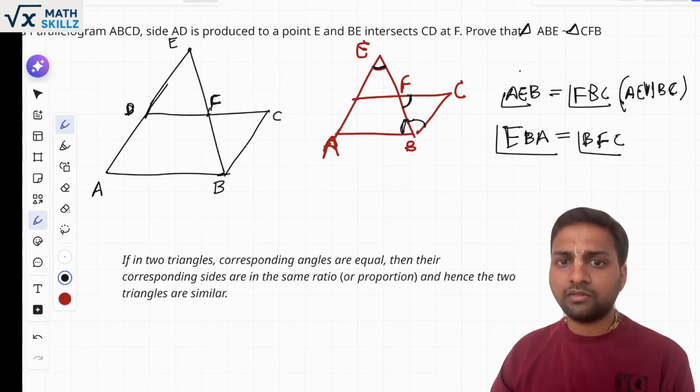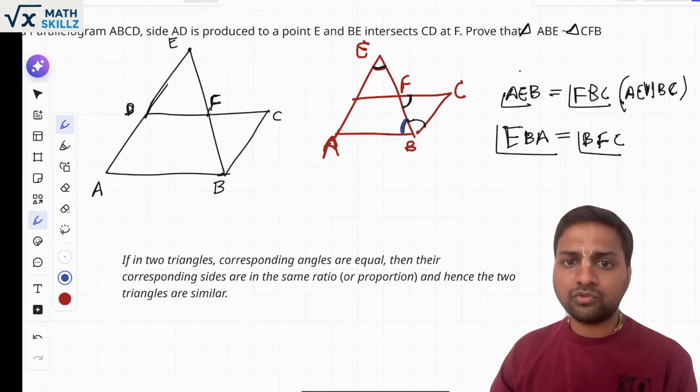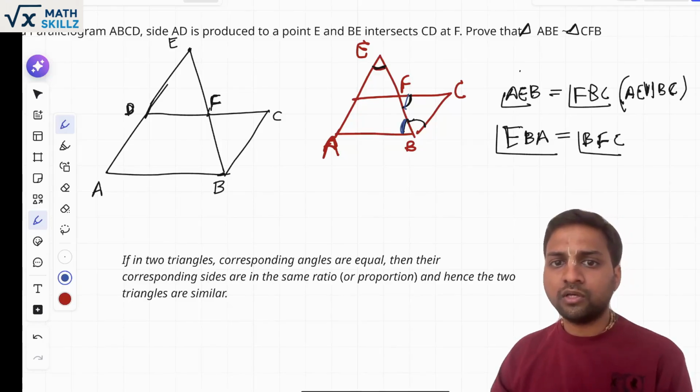This angle is equal to this angle. Angle EBA equals angle BFC, because again they are alternate angles.